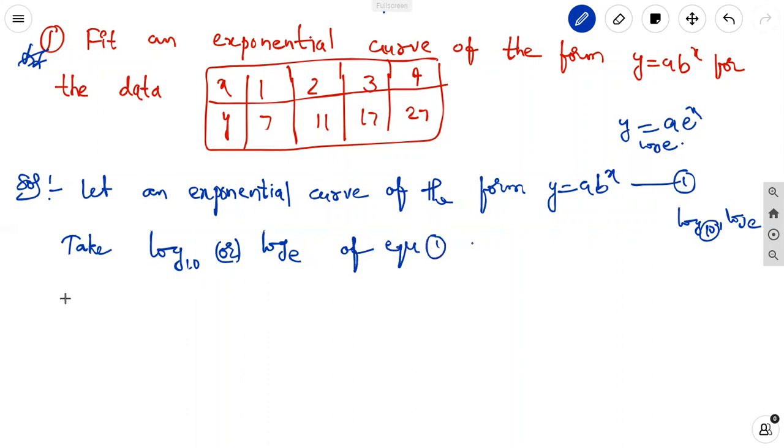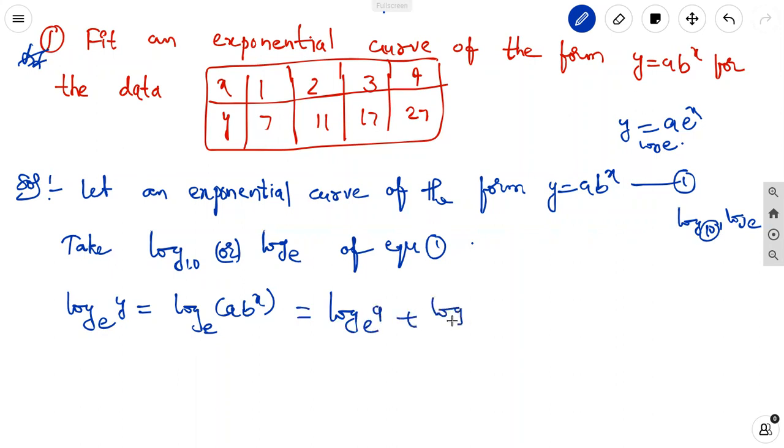Here, I am taking log base e: log y is equal to log of a b power x, base e. For this, log of ab equals log a base e plus log b power x base e, which is equal to log a base e plus x log b base e.